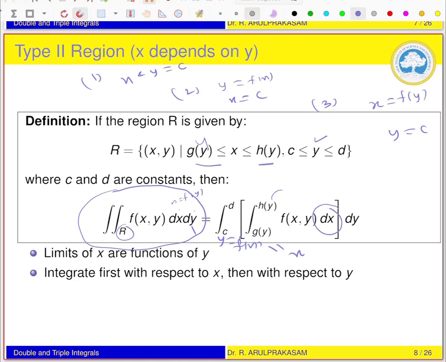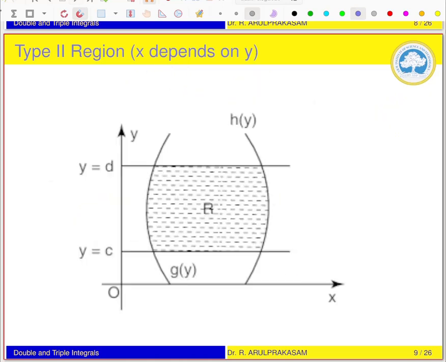So here only these three kinds of problems are there in evaluating the double integral. First I define the structure of the double integral. Here I have to mention the graphical representation.